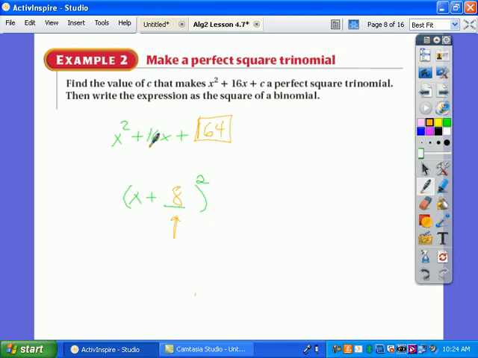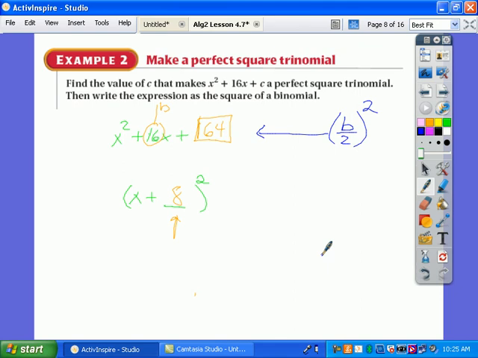So what kind of pattern or rule can we get out of here? How did we figure out that it was 64? The answer is we look at the middle term. If I call this middle term b, then the box number, let me switch colors, we'll go with blue, has to be b divided by 2, squared.